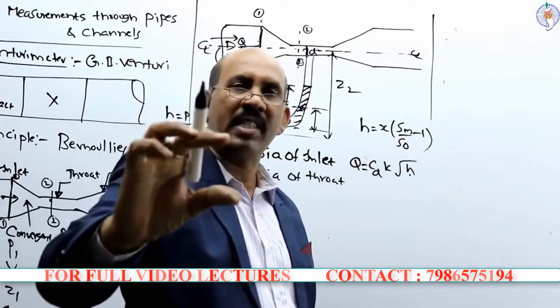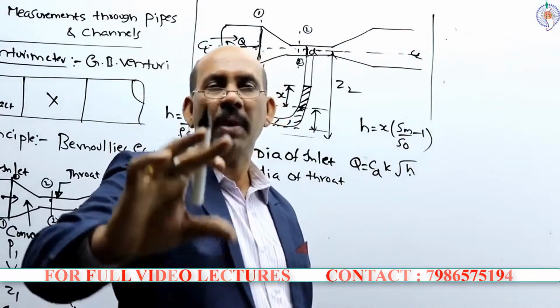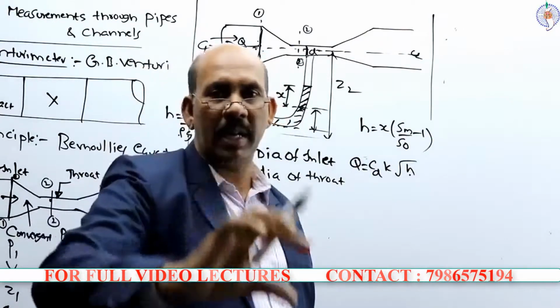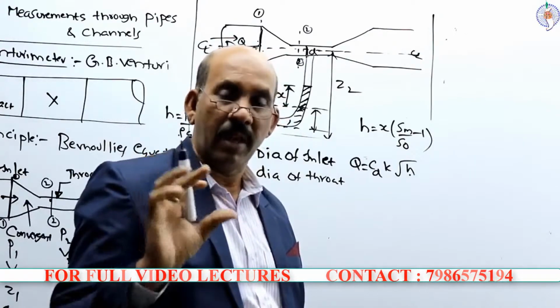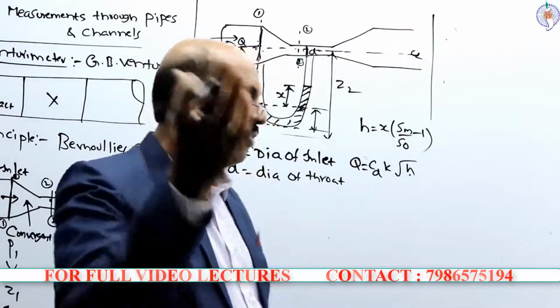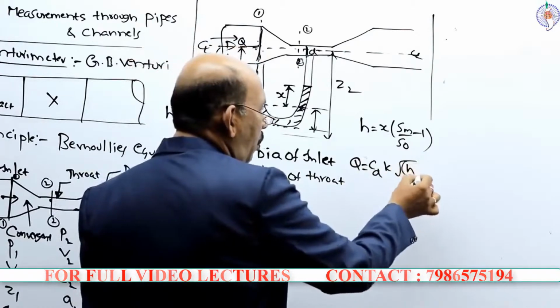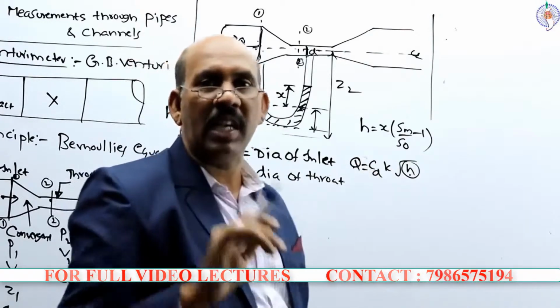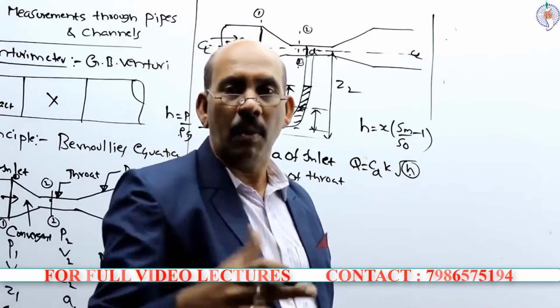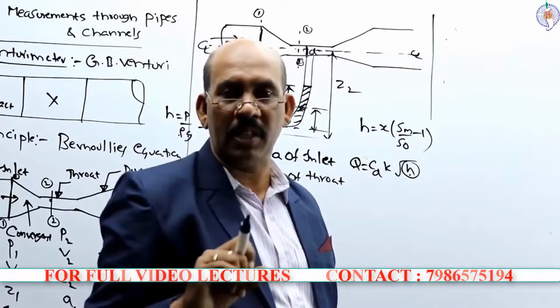If the value of X is more, that means automatically the H is more. If the pressure difference H is more, it can measure the discharge Q more and more accurately.